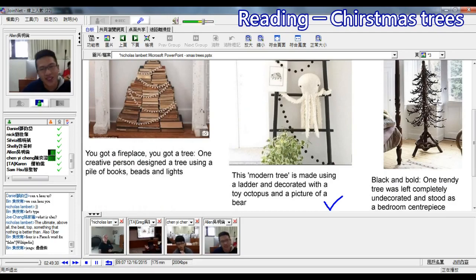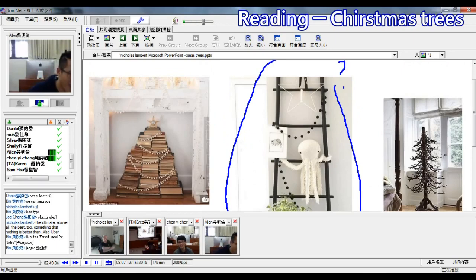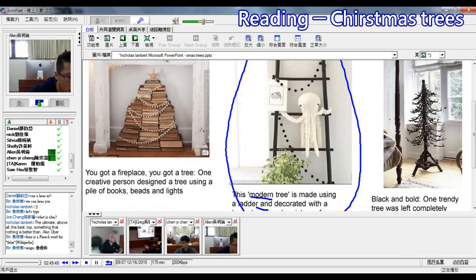Do you think this is an effective Christmas tree? Do you think this is a modern tree made of a ladder? Oh, modern.